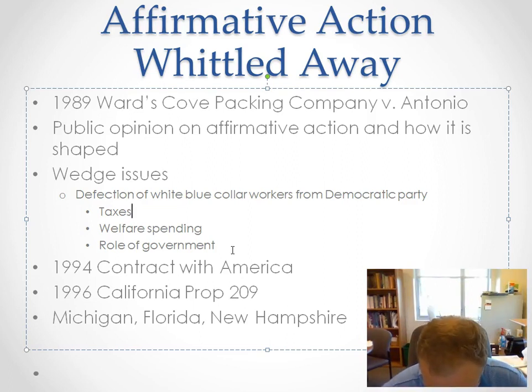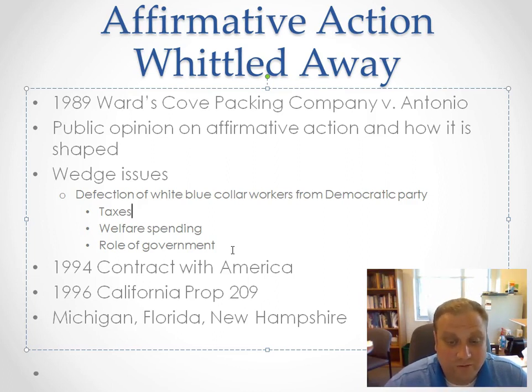These wedge issues basically were able to splinter people off, and direct appeals to prejudice may no longer be acceptable, but race, in an indirect and sometimes subliminal way, remains a strong undercurrent in politics between Republicans and Democrats. I think, as we saw in the 1988 election materials that you looked at.